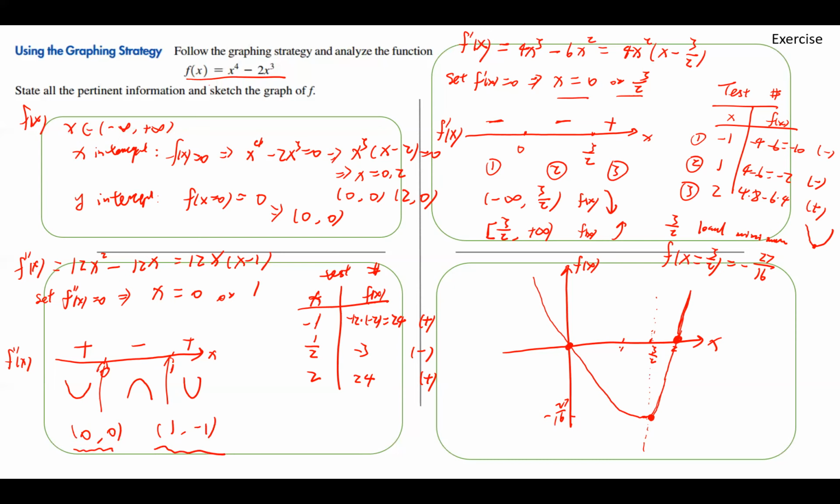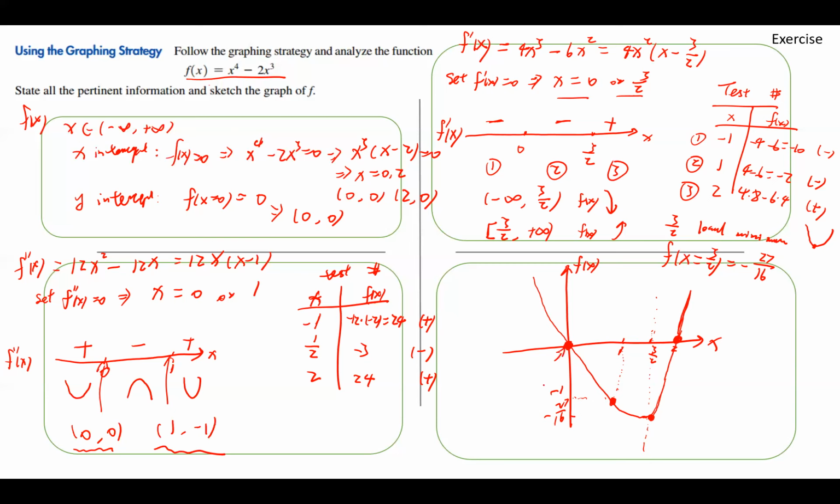So let me just map this out. This is 1, and this is −1, so this is the second point. This is the first point.